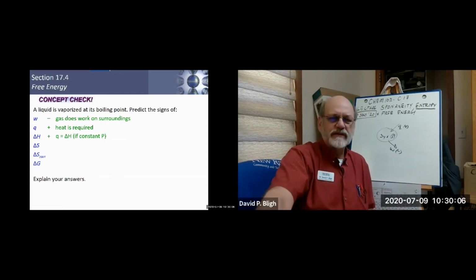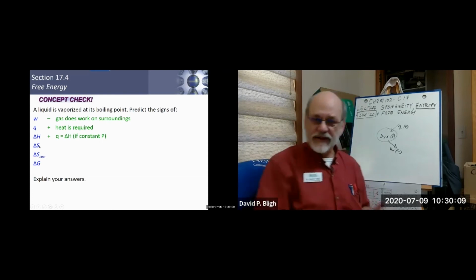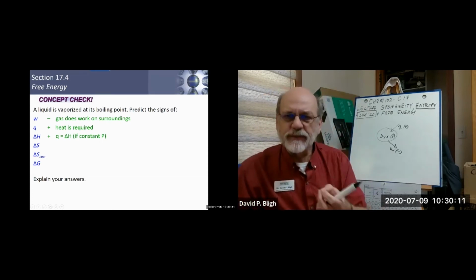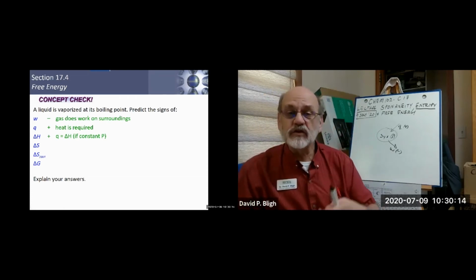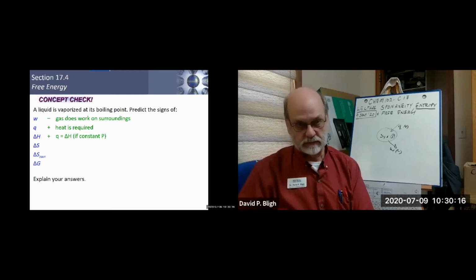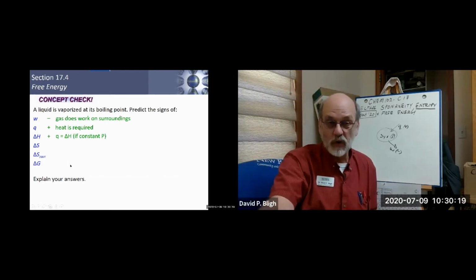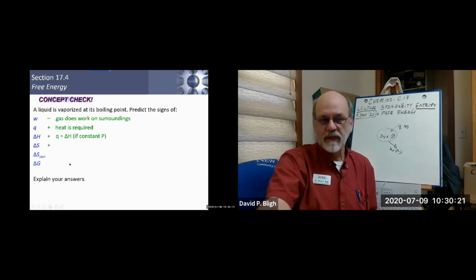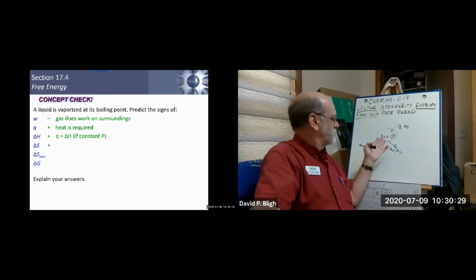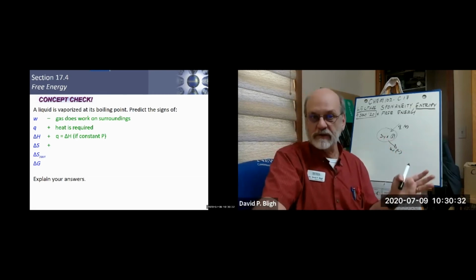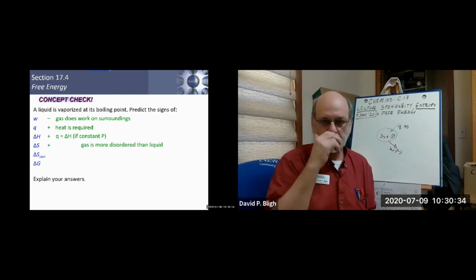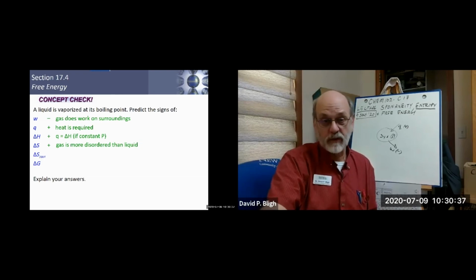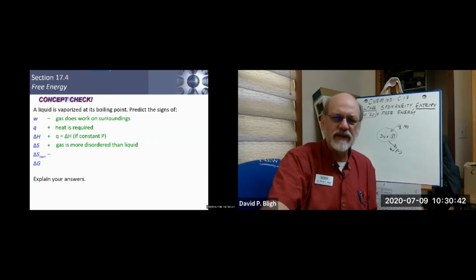How about delta S? And here, if delta S does not have a subscript, then you can assume it's delta S total. Right, so delta S total, or the authors would call it universe, is that as you add energy, you're increasing the entropy of both of them as it boils. Gas is more disordered than liquid. How about the surroundings, though? What's happening to delta S of the surroundings?